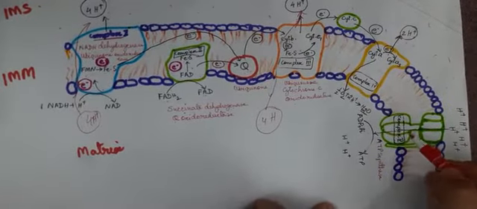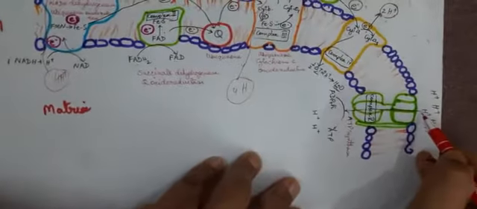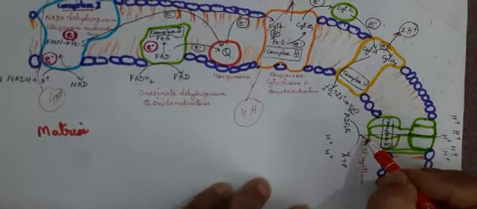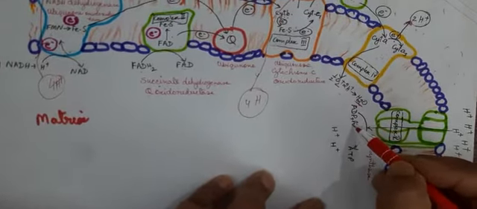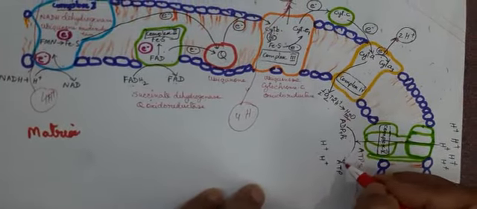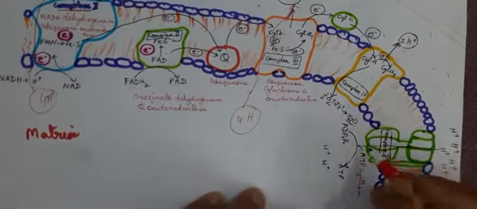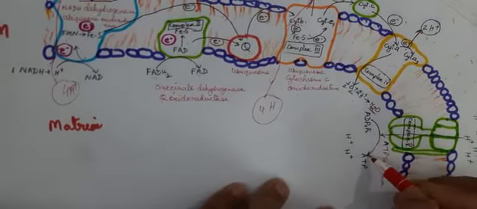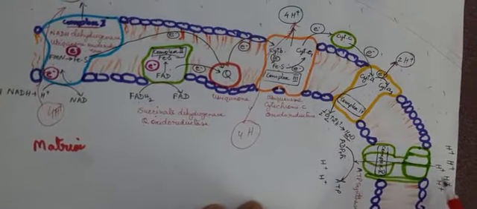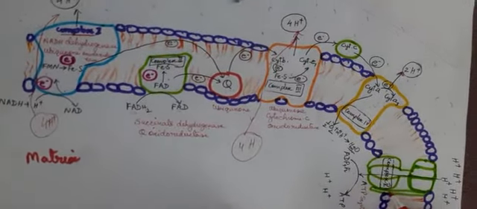Due to the difference in the potential gradient, the enzyme ATP synthase will be working here. It will draw 4 hydrogen ions at a time, and ADP plus inorganic phosphate will form 1 ATP. It means when 4 hydrogen ions are drawn at a time, they will be utilized in the synthesis of 1 ATP.